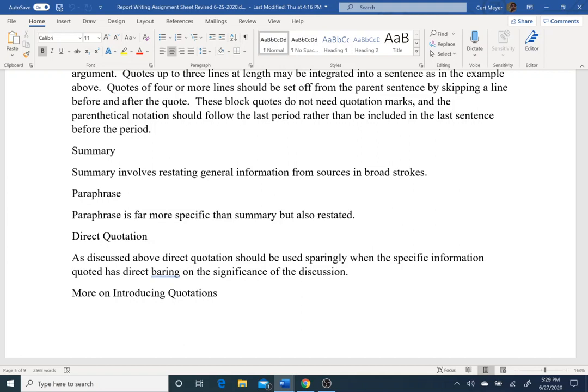And if you're going to specifically talk about that language or those numbers when you're conveying that meaning, then you quote it directly. Otherwise, you have other options, right?